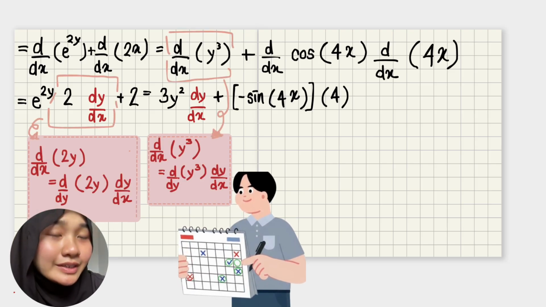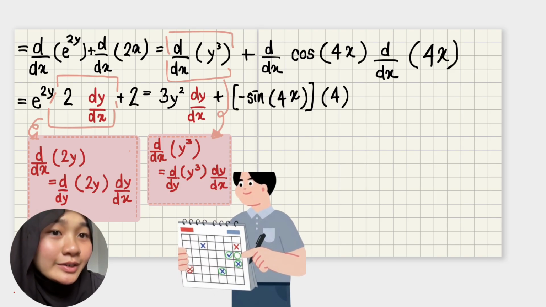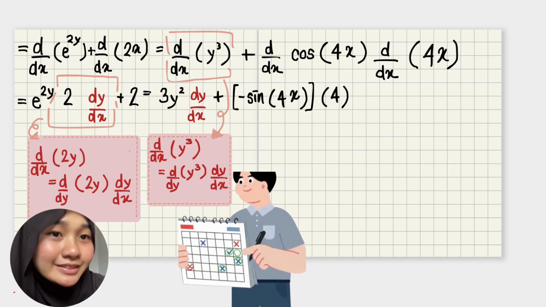Okay, to differentiate 2y, we'll be using implicit differentiation, which is d over dx of 2y equals d over dy of 2y times dy over dx. We differentiate it and we'll get 2 dy over dx.